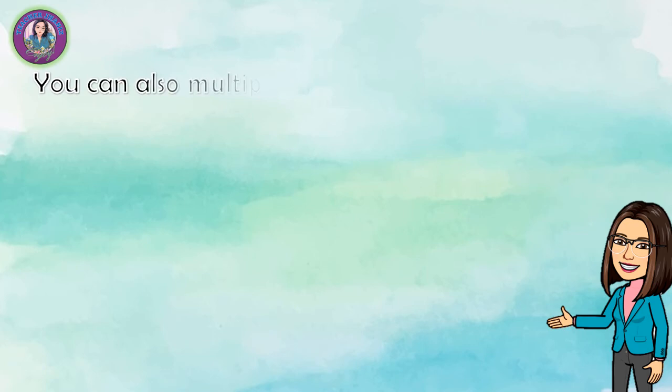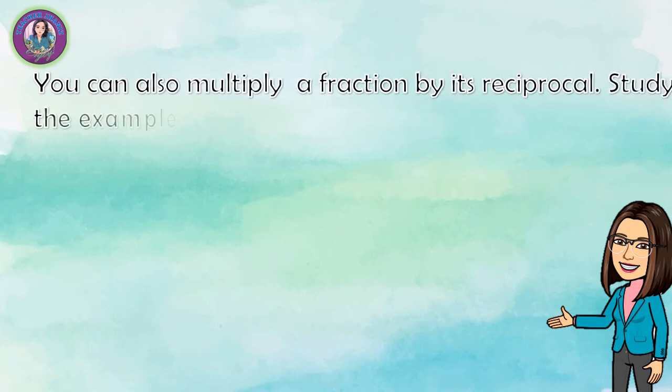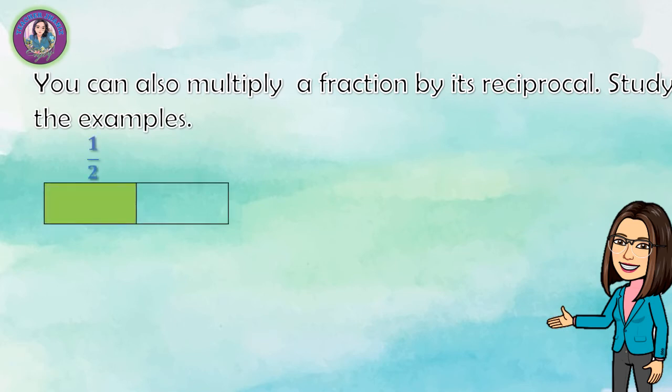You can also multiply a fraction by its reciprocal. Study the examples. This shows 1/2, one of two equal parts. That's 1/2 times 2 equals 1.